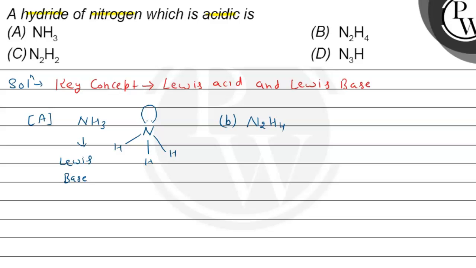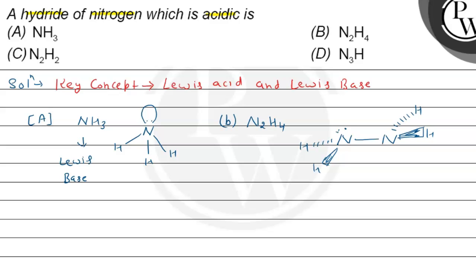Two nitrogens are attached with a single bond, and there are four hydrogens: two on each nitrogen.